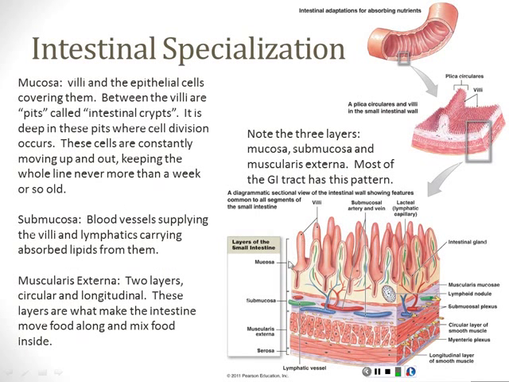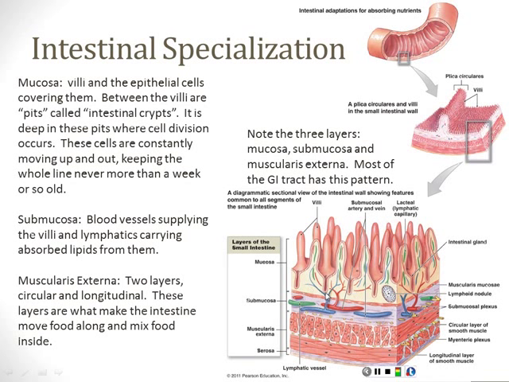So the arrangement of the mucosa in the intestine is we have these villi that stick up, and depending on where you're at in the intestine, the villi can be quite long, even macroscopically visible. Like if you look at it with the naked eye, you can see these sort of finger-like things that stick out. So we have villi that stick up, and then in between the villi, you can see these little pits or holes or crevices.